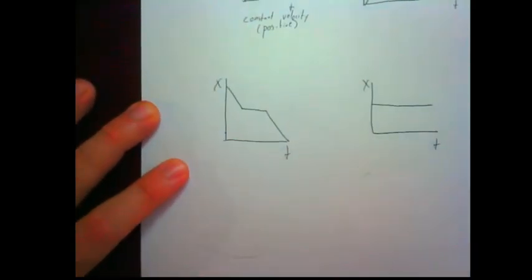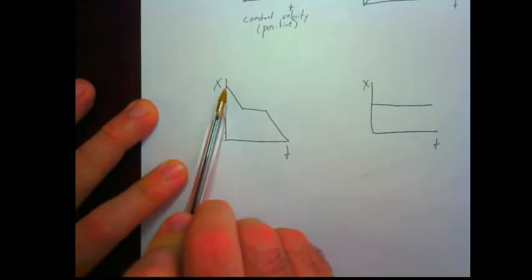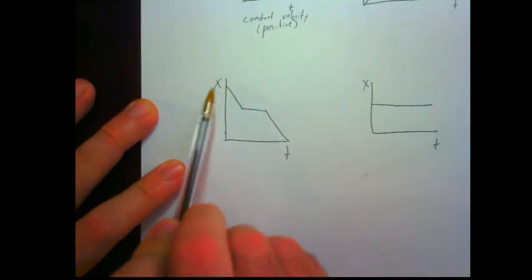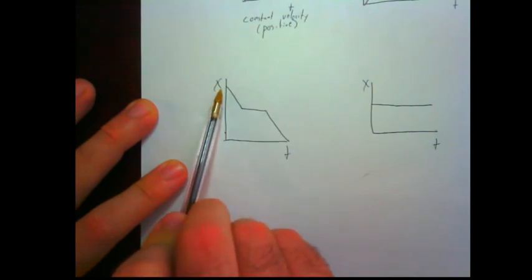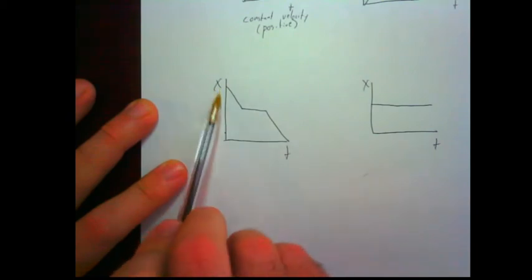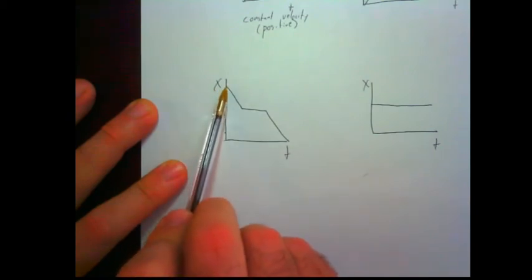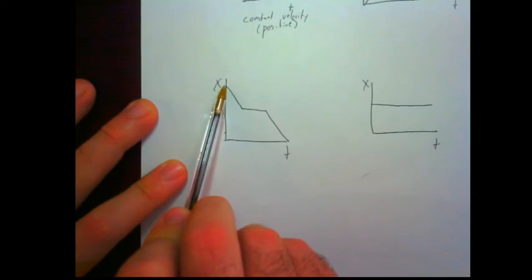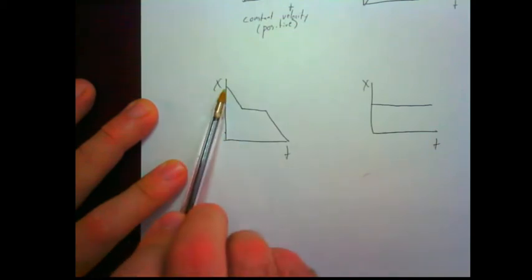Let's look at this one. Where does the object start? Does it start at 0? No, it starts far from 0. It could start down the street, or across the house, or on the other side of the field, right? This could be a football field with this being our end zone and this being the opponent's end zone.